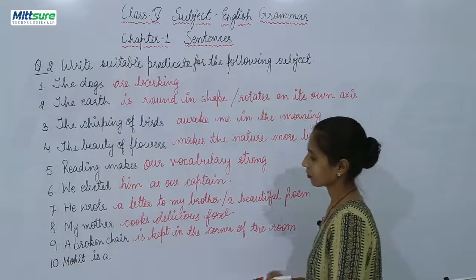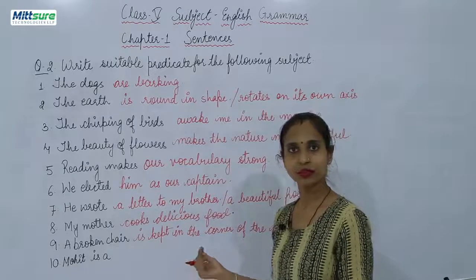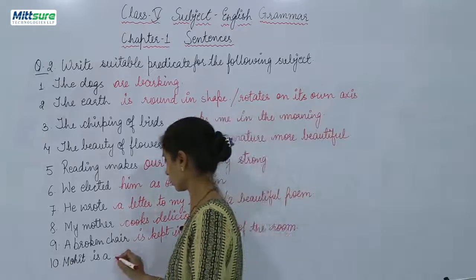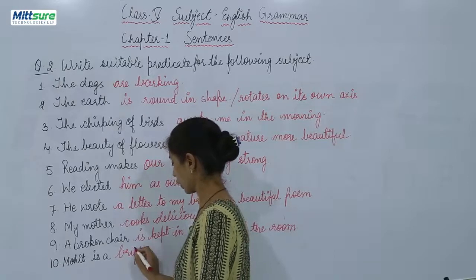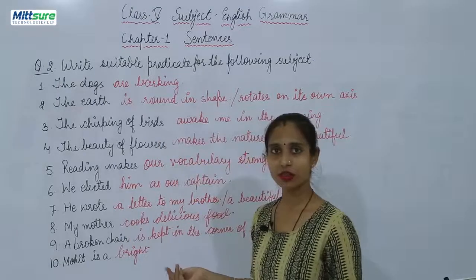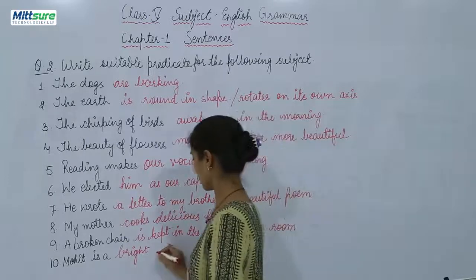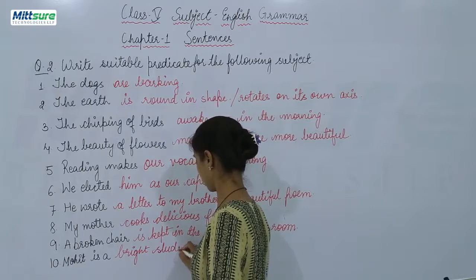Fine. Mohit is a bright student. You can also say intelligent student, bright student, is a monitor of the class. Mohit is a bright student.